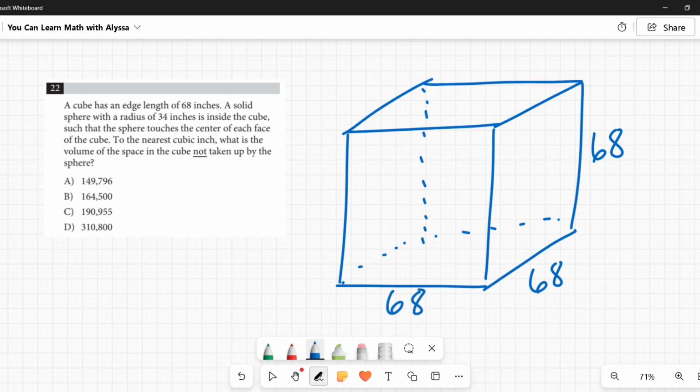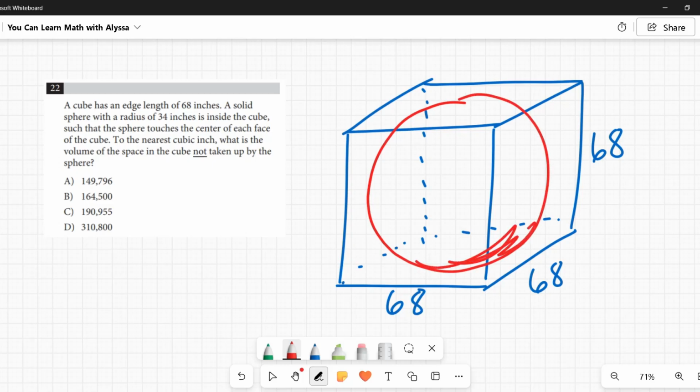A solid sphere with a radius of 34 inches is inside the cube, such that the sphere touches the center of each face of the cube. Okay, so let's draw this. It's a wireframe, so we're going to see that it's a solid sphere that's inside.